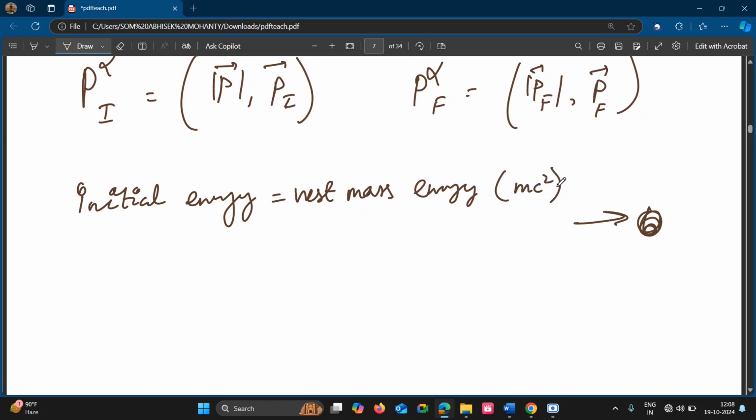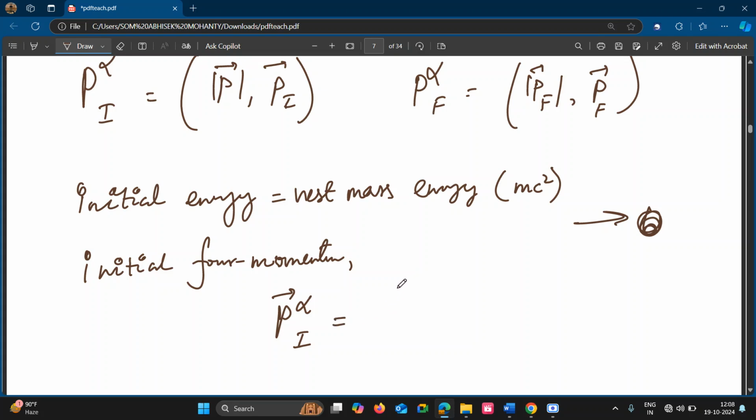So its initial four-momentum will be P^α_I equals mc, and this is the zero vector, the three-momentum.